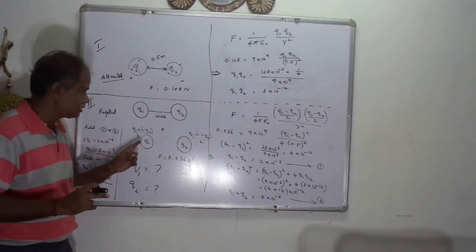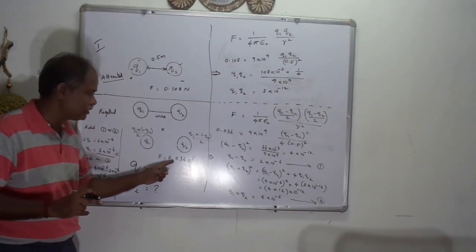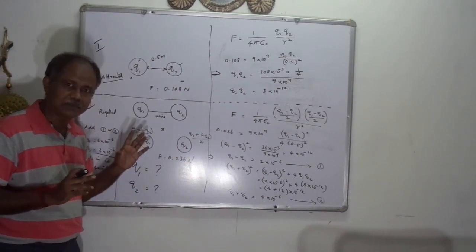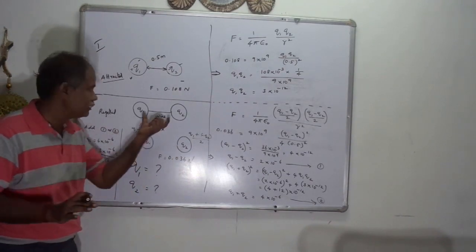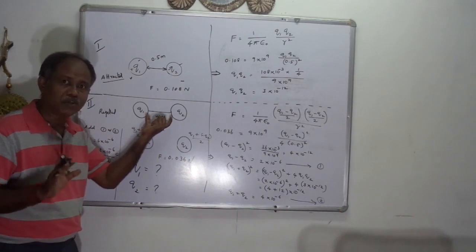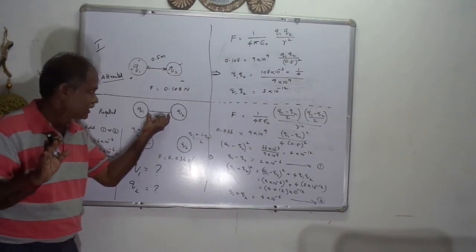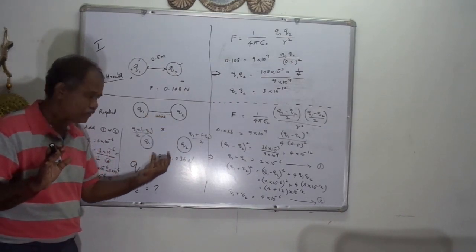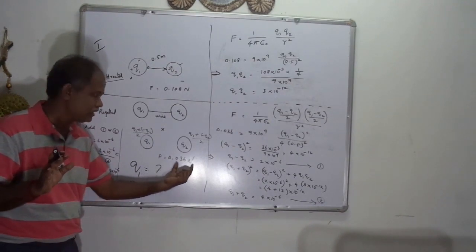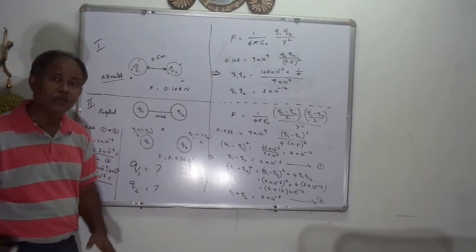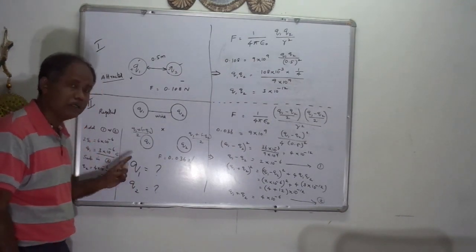Now, the force must be 0.036. There is no change in the separation of the charges. The conducting wire is removed. There is a force, and that force is 0.036. What they are asked is to find the values of Q1 and Q2.